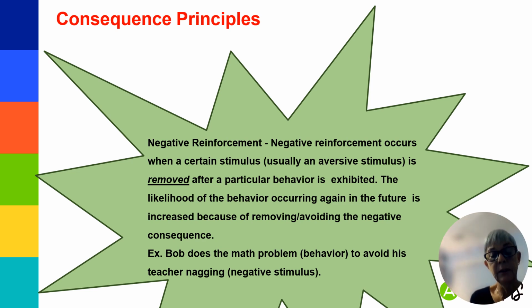The aversive stimulus is the teacher nags him when he doesn't do his math problem. Or, as I said earlier about the example of crumbling up the paper and throwing it across the classroom, the negative stimulus in that is having to do those problems, and then the teacher putting them out of the classroom is strengthening that or reinforcing that.